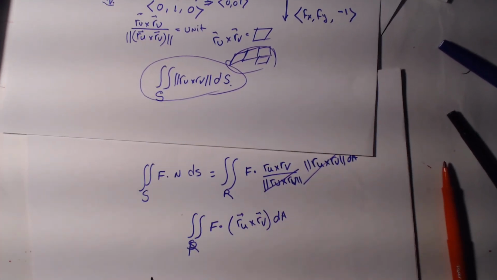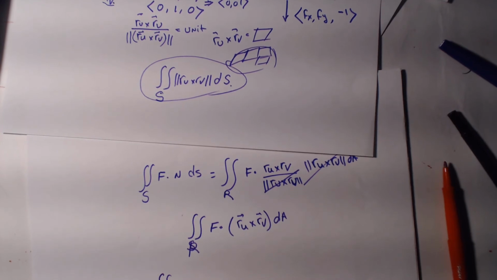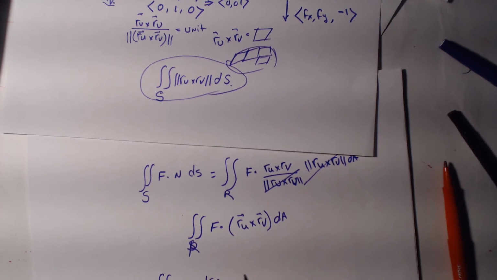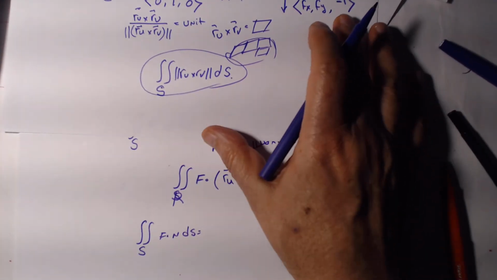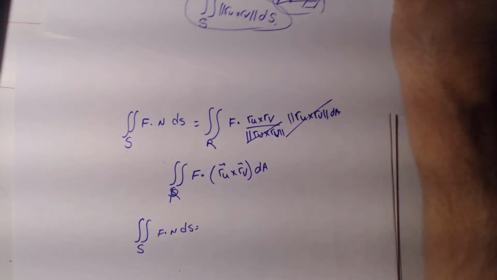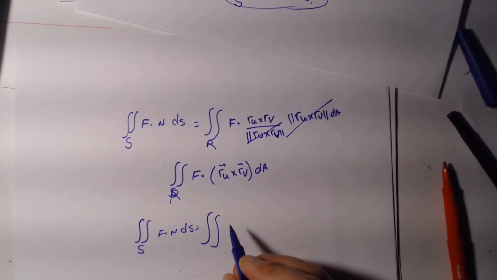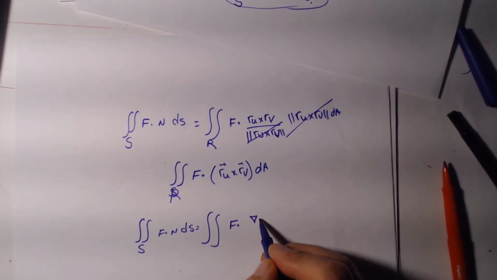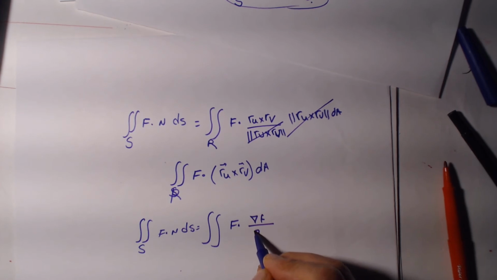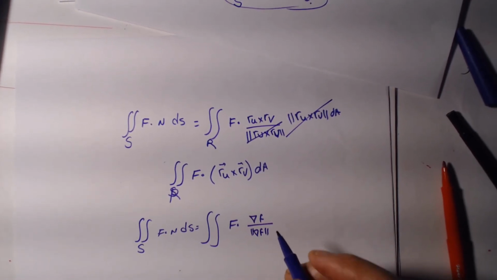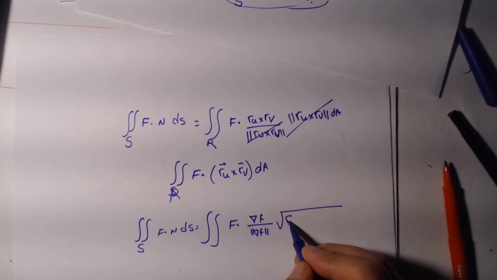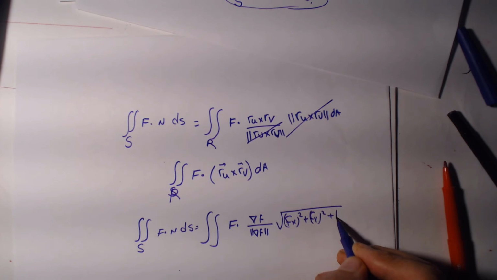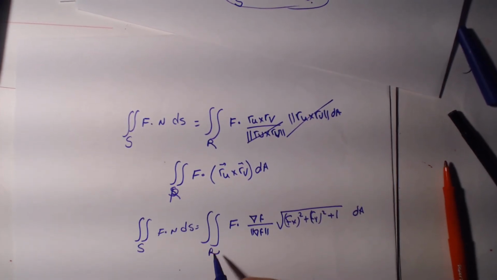But somebody said, what happens if I have a surface integral, a flux over a smooth surface, and I do not have a parameterized surface? You have to write F dotted with the gradient of the function over the magnitude of it. A surface area is the square root of partial derivative of x squared plus partial derivative of y squared plus 1 dA. That's the area of a region.